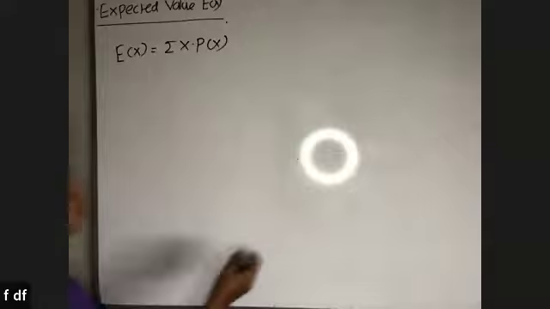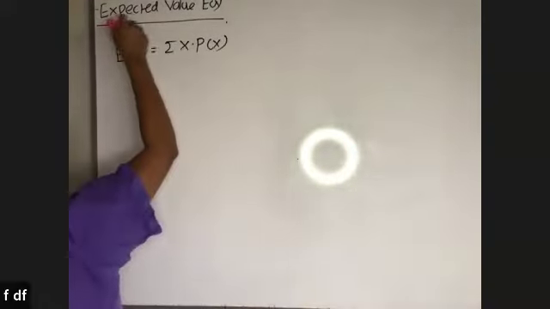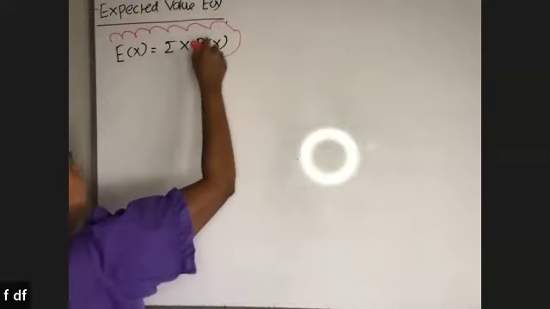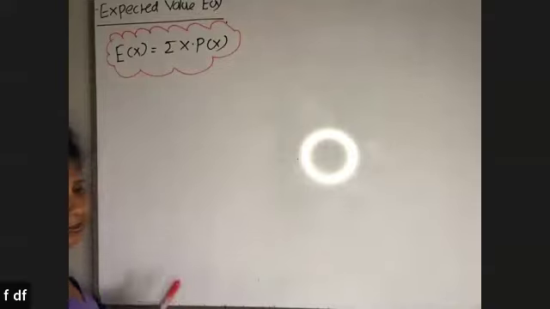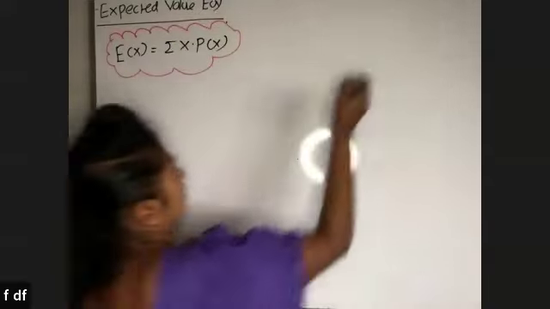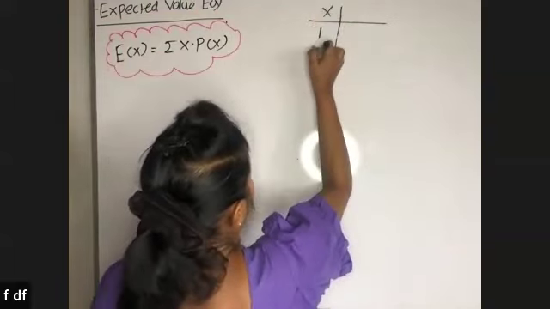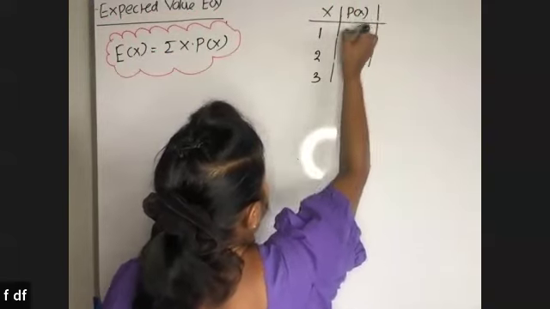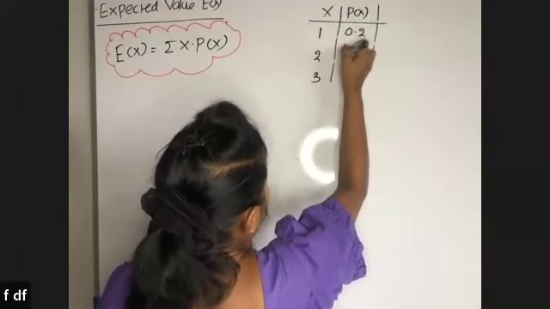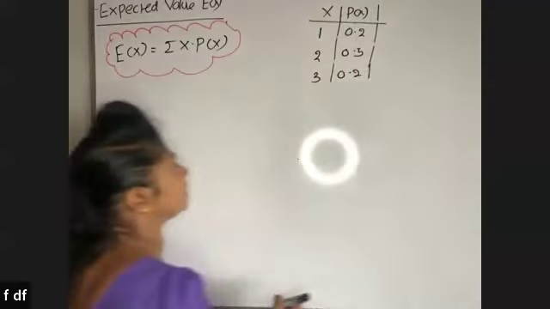Can you remember the discrete probability distribution? The table format is very easy, so we represent them in most situations as a table. Let's say a random variable can take values 1, 2 and 3, with probabilities 0.2, 0.5 and 0.2.